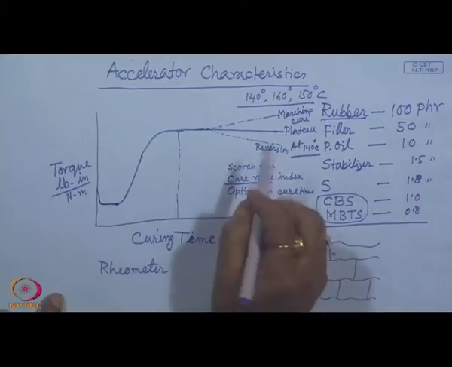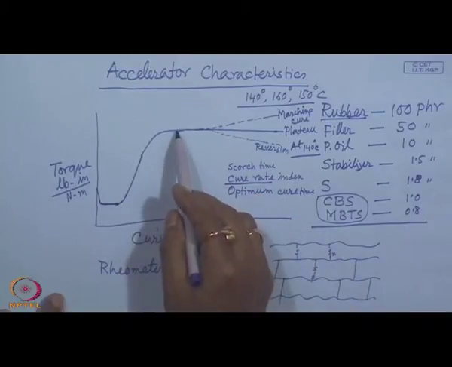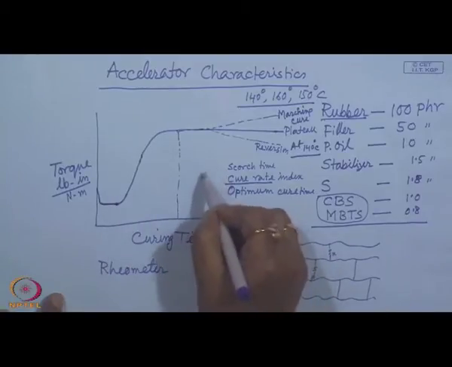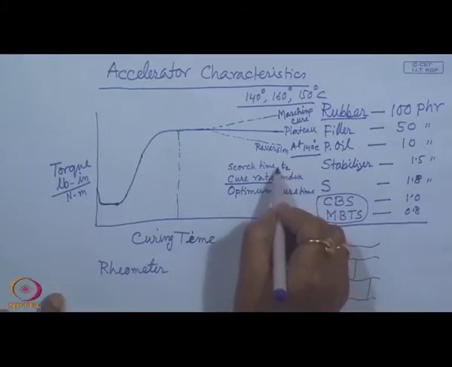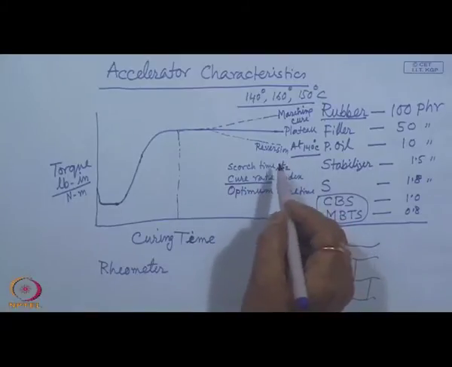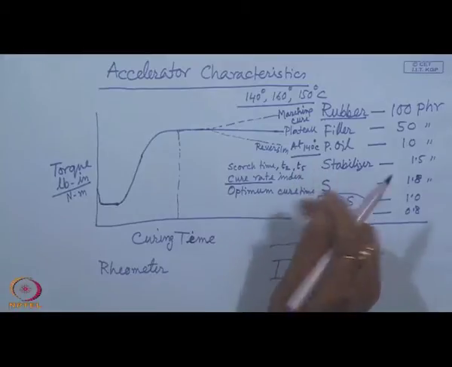Okay. So, the time required to achieve 2% of the maximum torque, say T2, is known as scorch time. T2 is the scorch time, the time required to achieve 2% of the maximum torque. Now, there can be T5 also, there can be T3, T4.